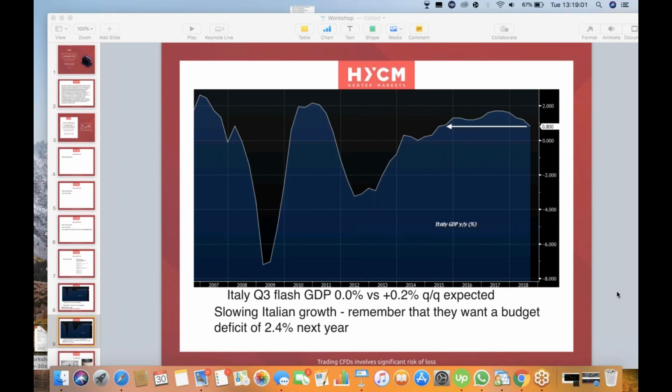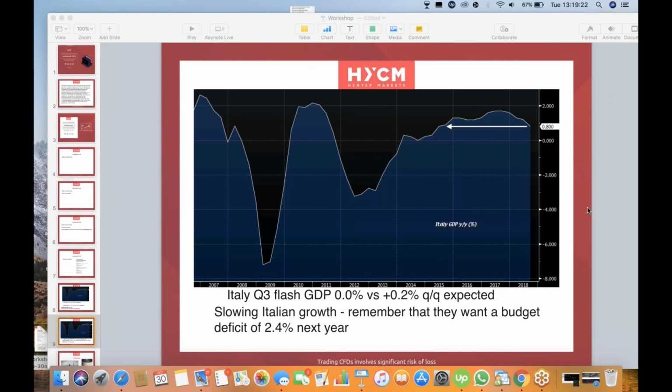It's just beginning to turn into negative territory. We can see that the DAX, that's the German equity index, is down 0.66%. So the market is really just trying to decide whether to be risk off or risk on.